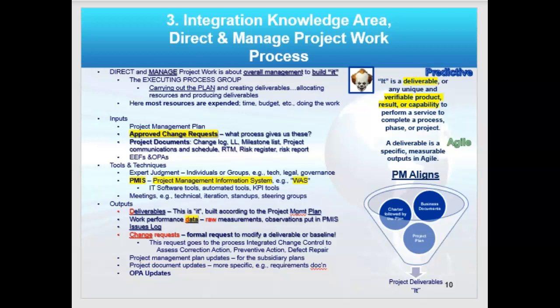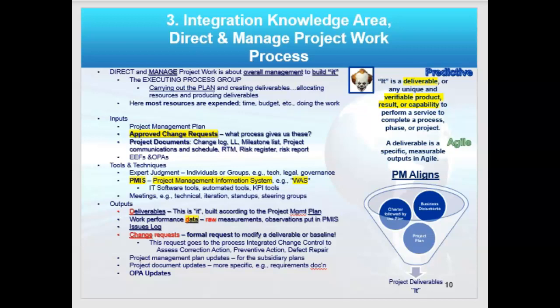Notice the inputs are fairly common. You'll regularly see a project management plan as an input now that it's built. You'll see project documents, EEFs and OPAs. What is different here is approved change requests. Any change that gets approved by Perform Integrated Change Control, bam, comes back to this process, as well as quality control for implementation.